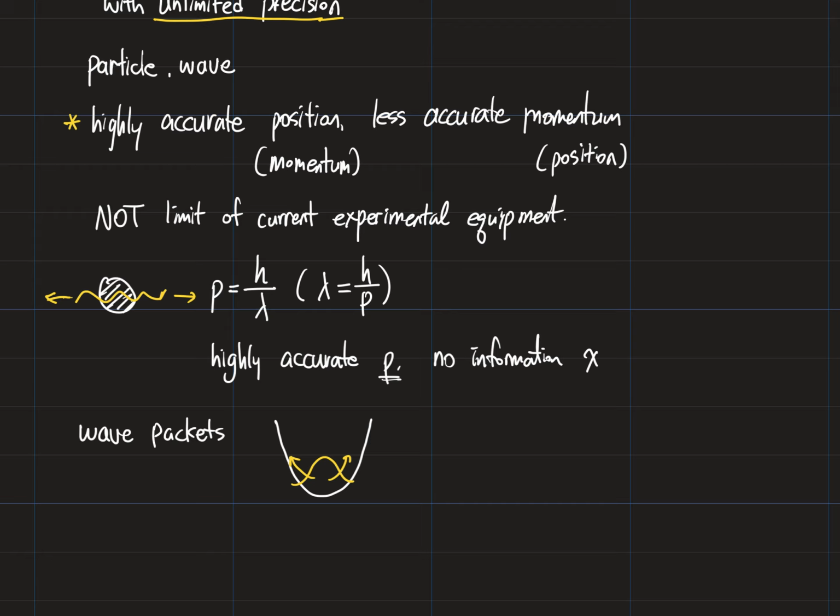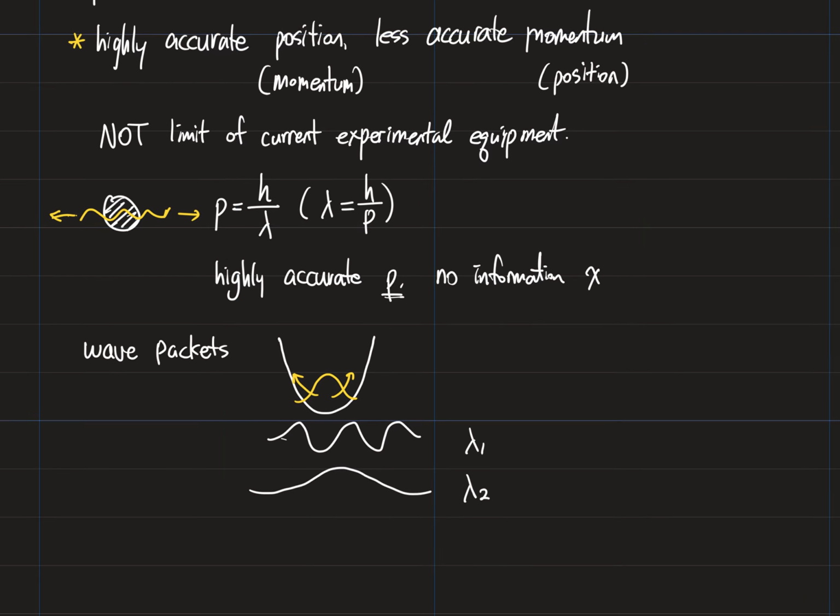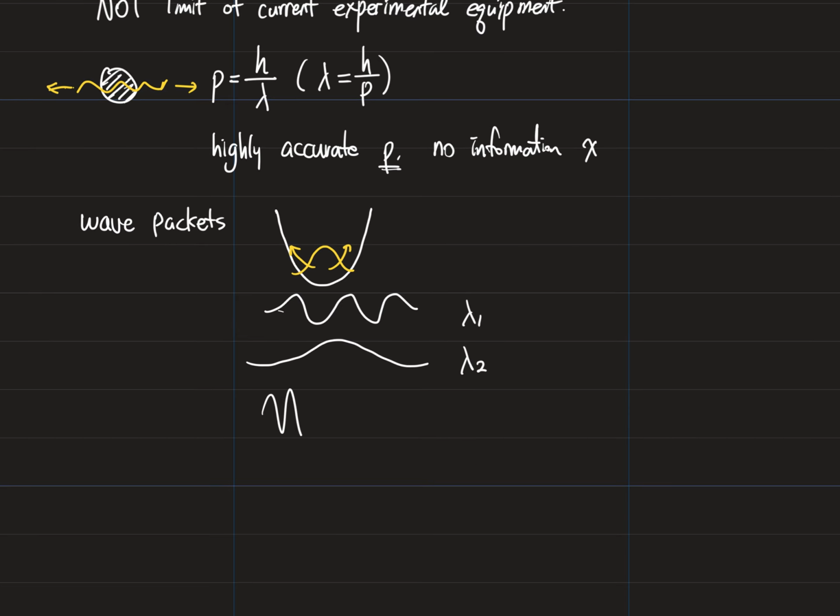We do this by adding together many different sine waves with different wavelengths, right? So we add a sine wave with wavelength lambda 1, another sine wave with wavelength lambda 2, and maybe another with wavelength lambda 3. If we add multiple sine waves, then we can make this well localized wave.